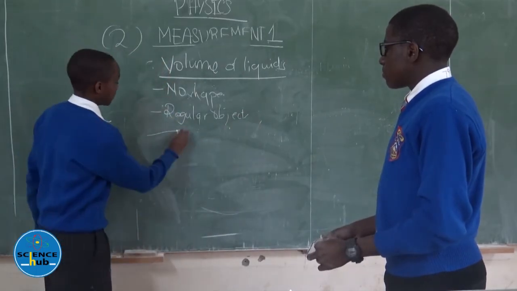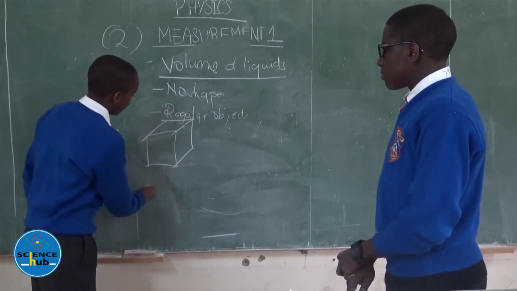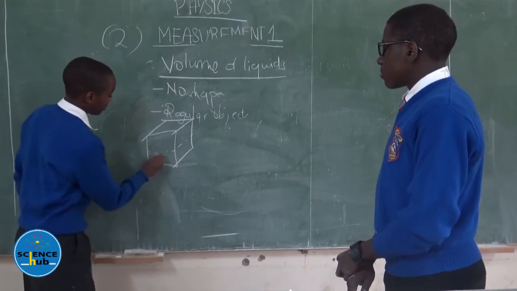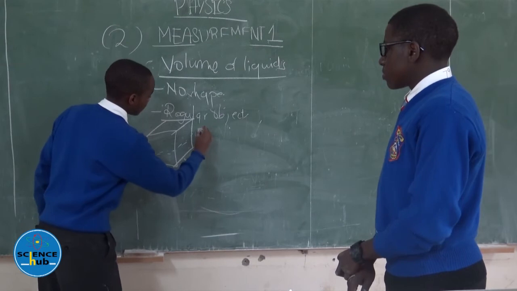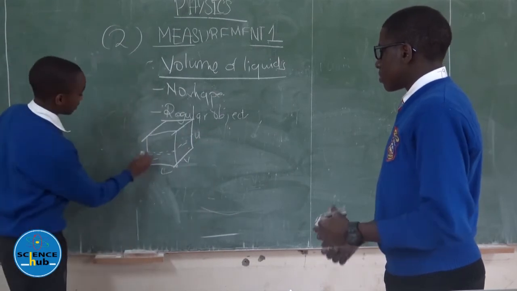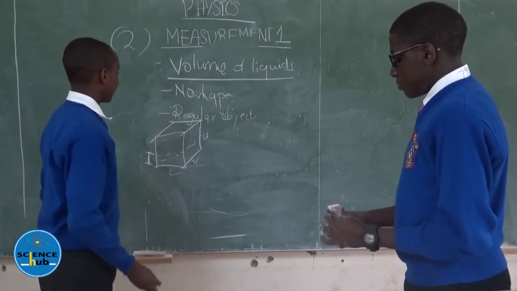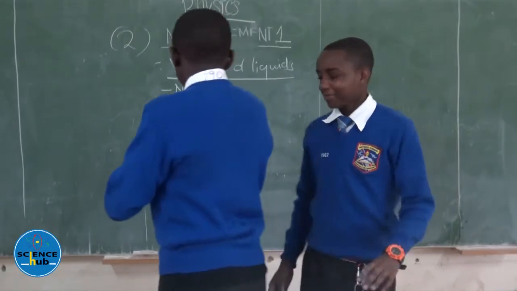For example, if it's placed in a cuboid, you get the volume by length times width times height, but not the full height, only the height up to this point. So Oscar can take us through the next subtopic.